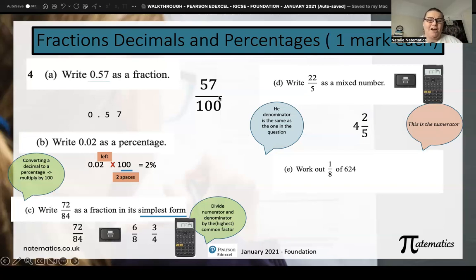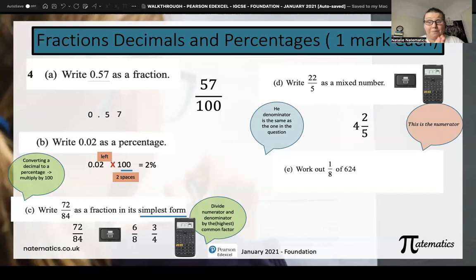Always remember this line means divided by, as well as being part of a fraction. So like here, 6/8, so 6 divided by 8, you get an answer of 0.75.